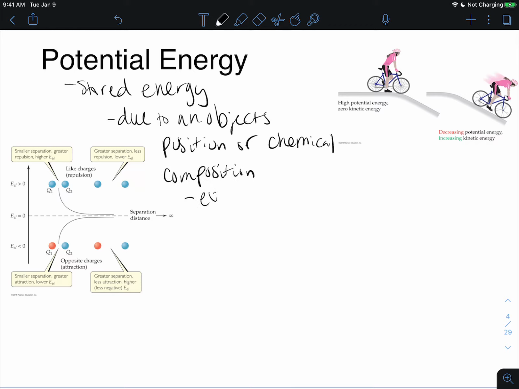Some examples include food and a boulder on top of a cliff.